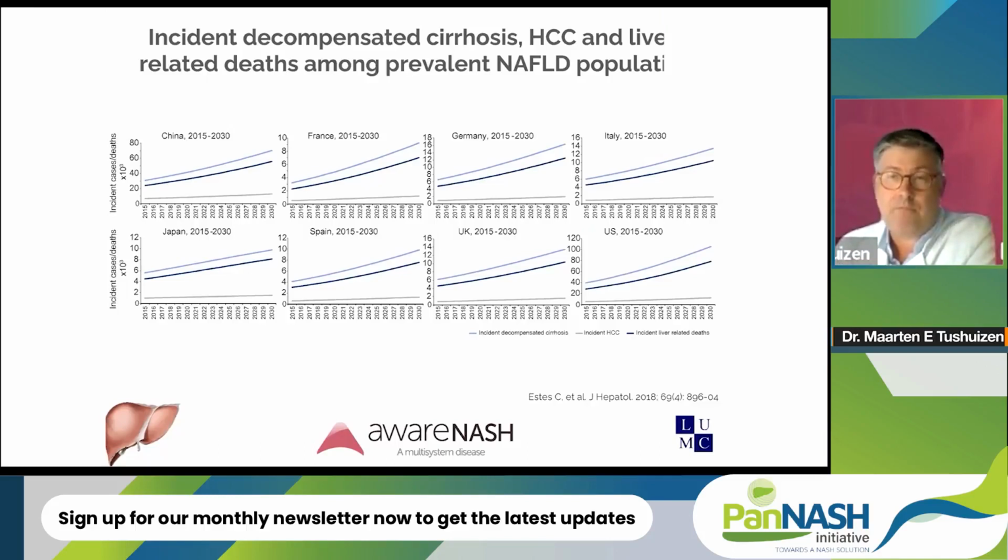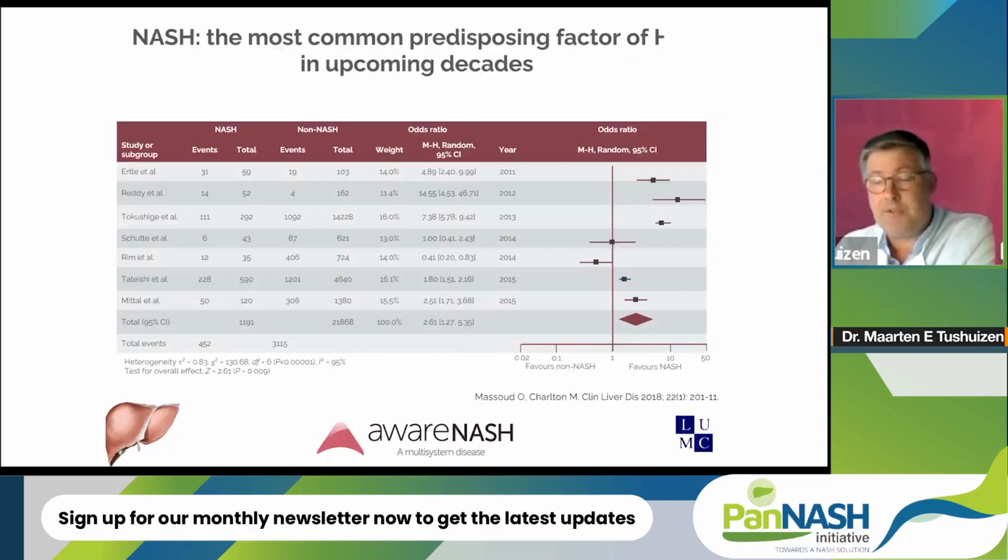So this also has an effect on the incidence of hepatocellular carcinoma, especially in the upcoming years, and also in non-cirrhotic patients, because nowadays we usually screen patients with cirrhosis, but it is estimated that especially patients with advanced fibrosis but not cirrhosis will develop hepatocellular carcinoma in the near future.